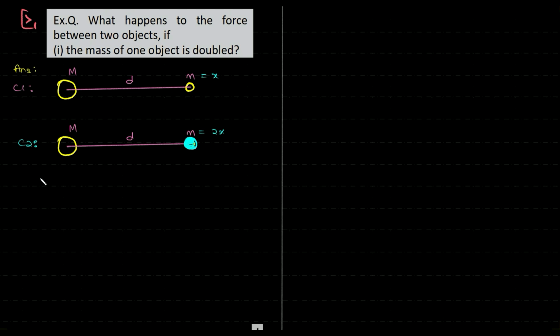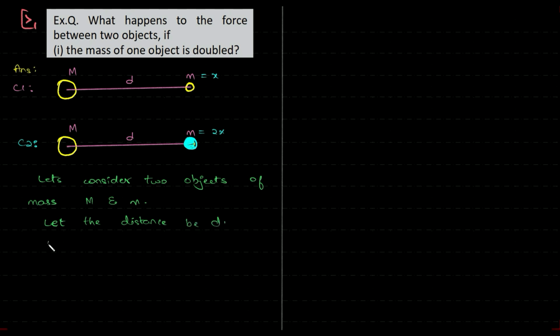So let's begin with the statement. Let's consider two objects of mass capital M and small m. Let the distance between them be d itself.